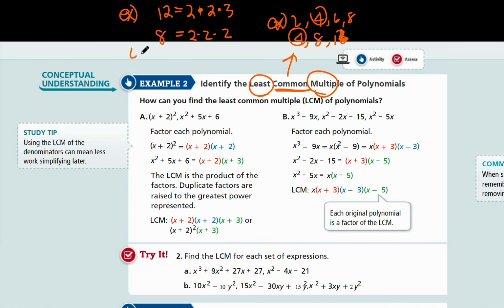So the LCM is the common factors, but if you have repeating factors, you also have to multiply them, and then you have to multiply 3. So LCM is 2 times 2 times 3, which is 12.